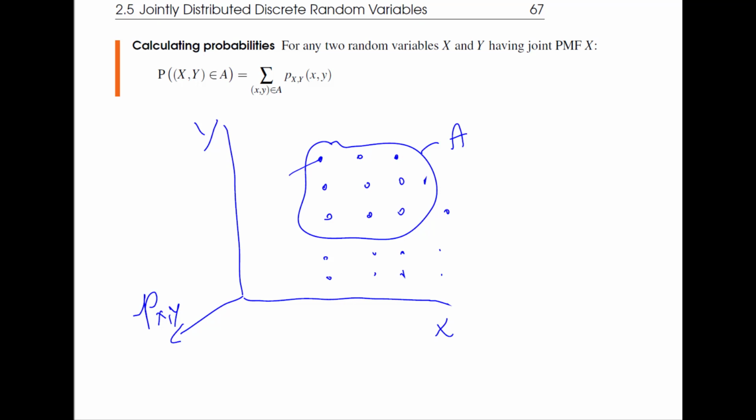These are all little probabilities that stick up like that. Okay? But that's the concept. So you have a question, and then you have to translate the question into an area in X, Y. And then we just simply add all those probabilities inside the area.